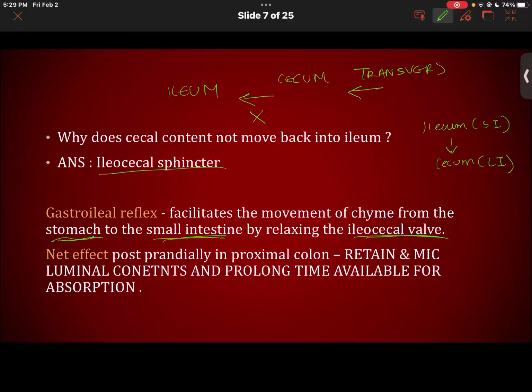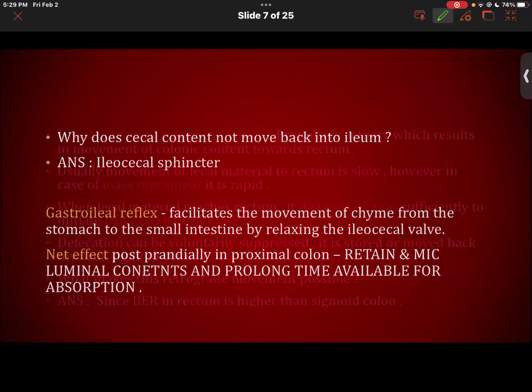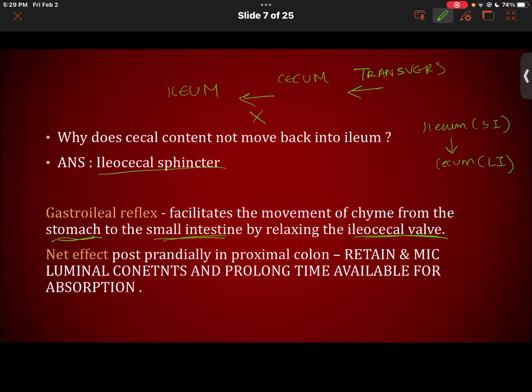And the relaxation of the ileocecal valve is actually done via a hormone called gastrin, which is released in the stomach, which I'm sure you must have studied in the lectures about gastric secretion. So the gastrin causes relaxation of the ileocecal valve, which causes the movement of chyme from the small intestine into the large intestine.